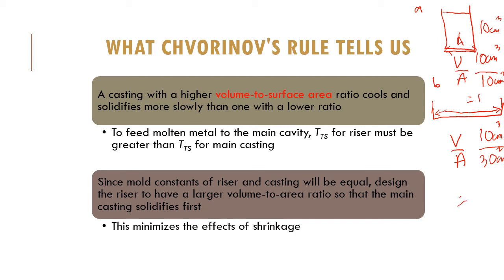For B it is 0.33 something. So if the V over A ratio is lower, at 0.33, this one will start to solidify first. Why?